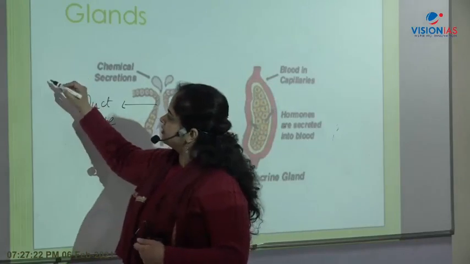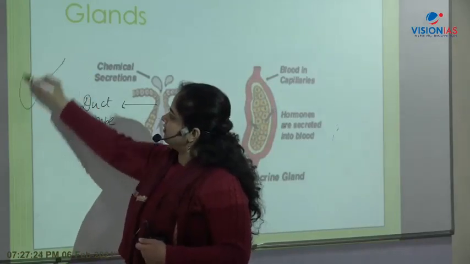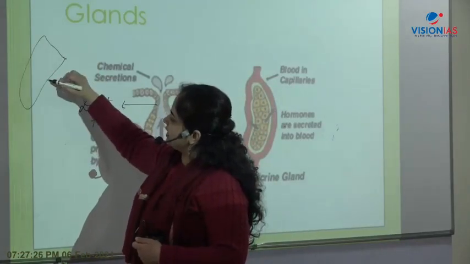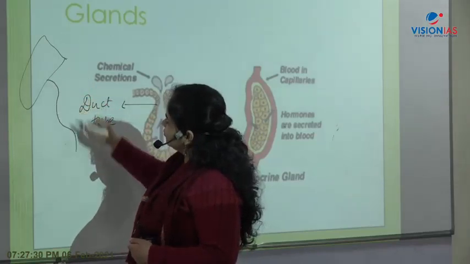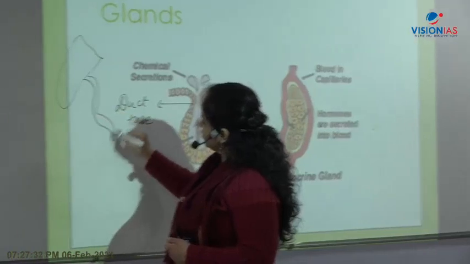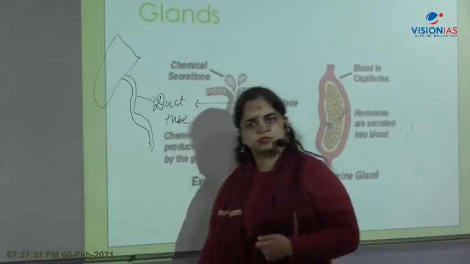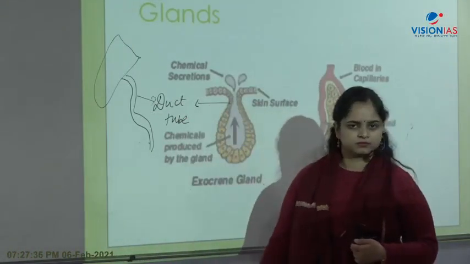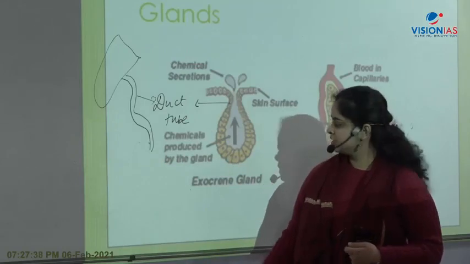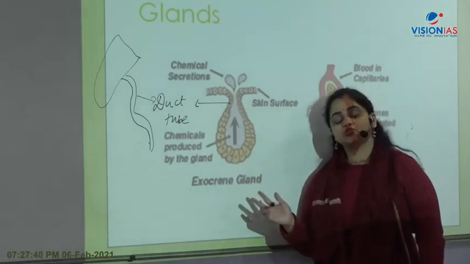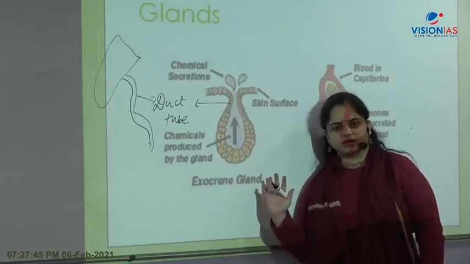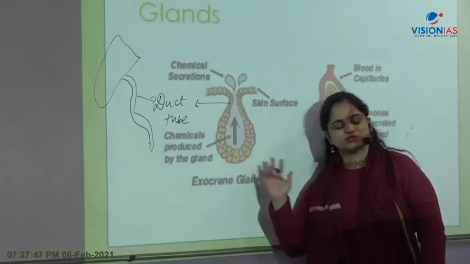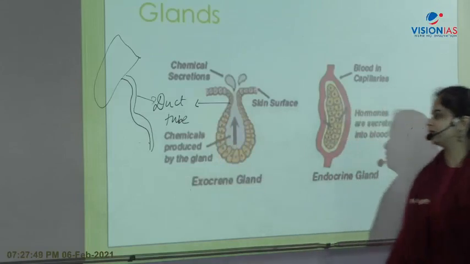Like we had liver, and then bile was being produced, it went to gallbladder, and then it went to small intestine through a duct or a tube. And this one was called bile duct, right? So those glands which have a tube to take their secretions to the other gland, they're called exocrine glands, okay? This is just for your understanding. This is not a part of our discussion.